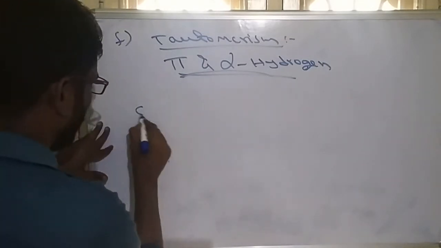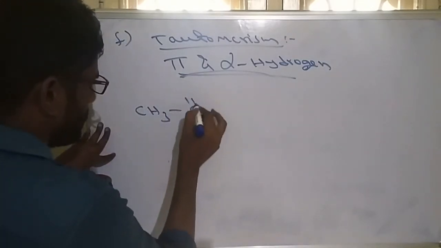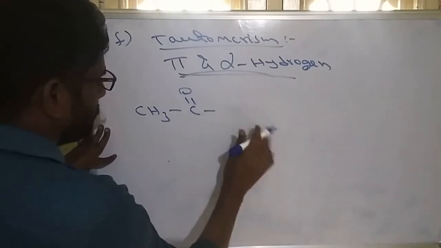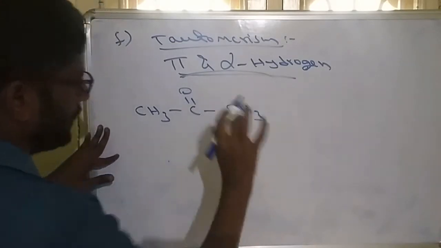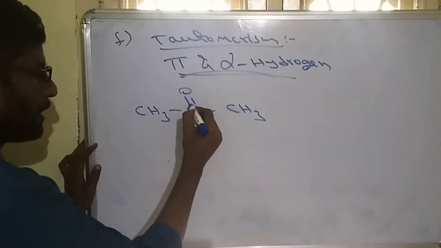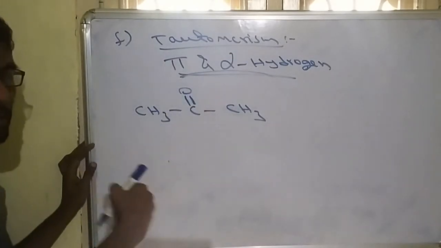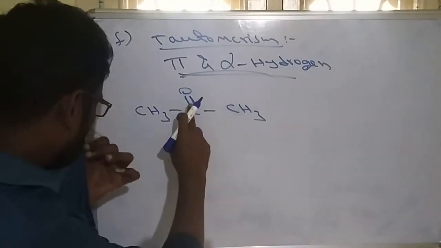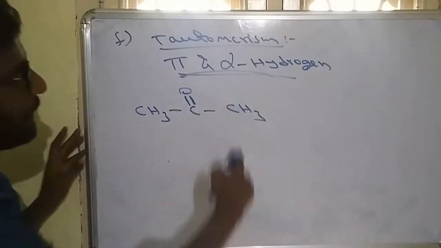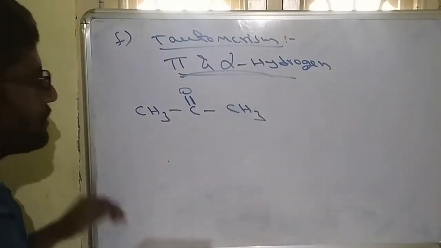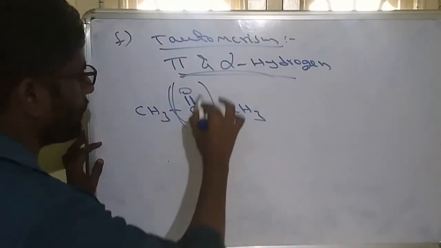For example, CH3COCH3. I am taking a ketone. Here a pi bond is there. A double bond means one sigma bond and one pi bond. So the pi bond is there, and alpha hydrogen. What is meant by alpha hydrogen? This CO is the functional group.